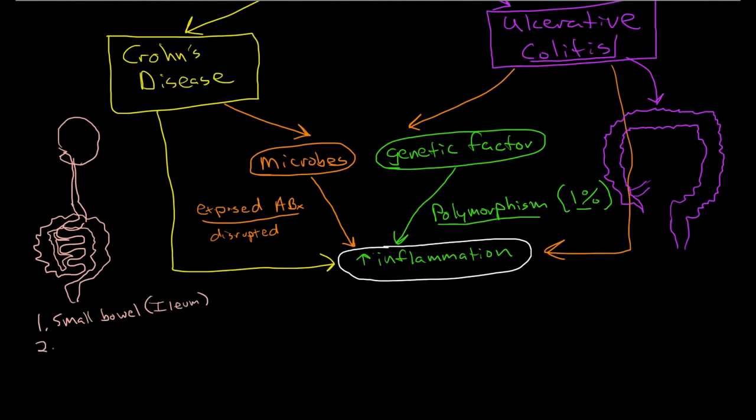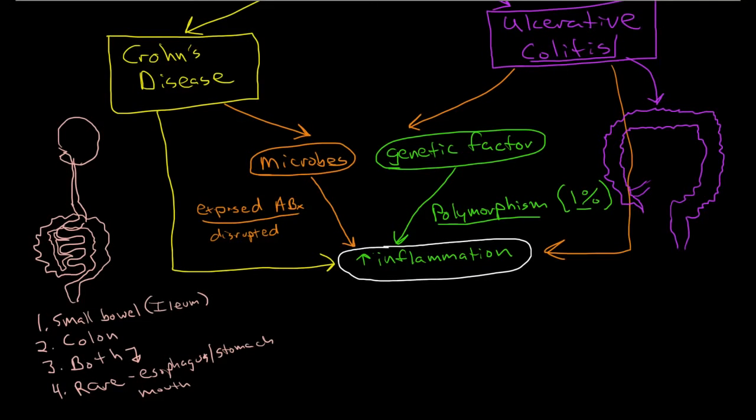Then the other possibility is that it affects only the colon, and the third is that it involves both. It can also involve the esophagus, the stomach, and even the mouth. So that's one difference between the two diseases.